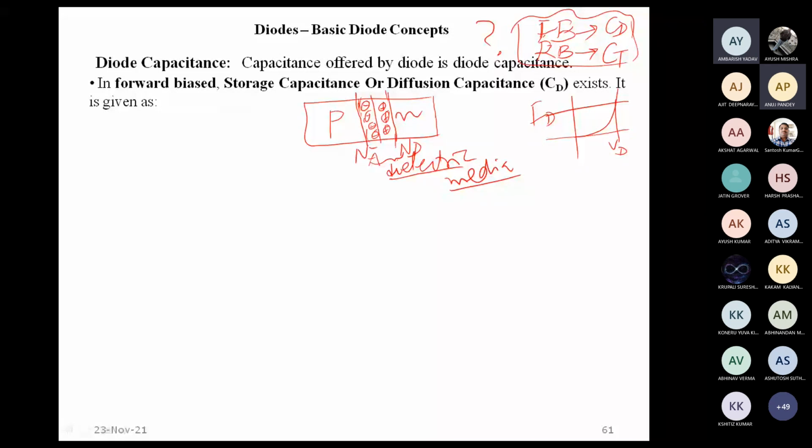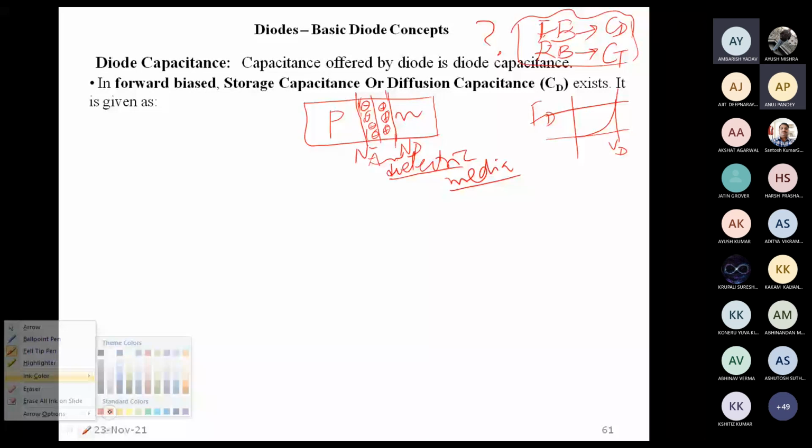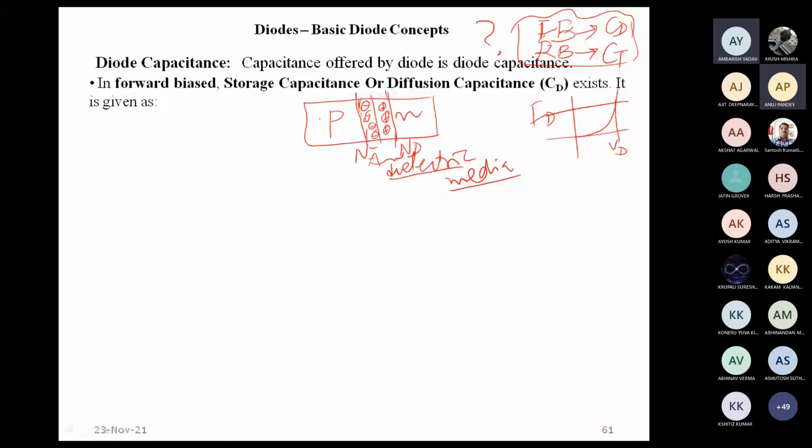So this is just like a dielectric media, and this dielectric media is separating two regions, P and N type, in which on one side holes are there and on the other side electrons are there, of which the conductivity is larger.